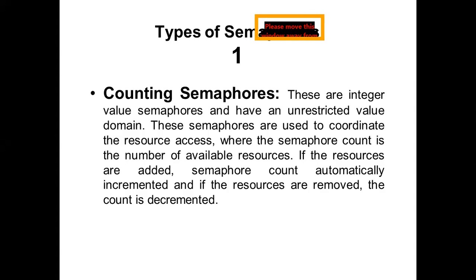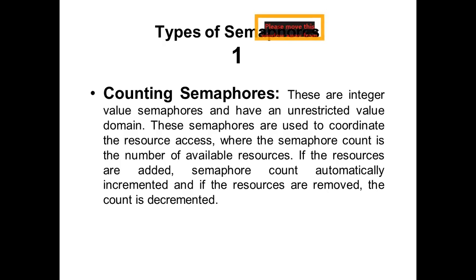These are called the different resources, and semaphores are used to coordinate resource access, where the semaphore count is the number of available resources. So if resources are added, the semaphore count is automatically incremented.